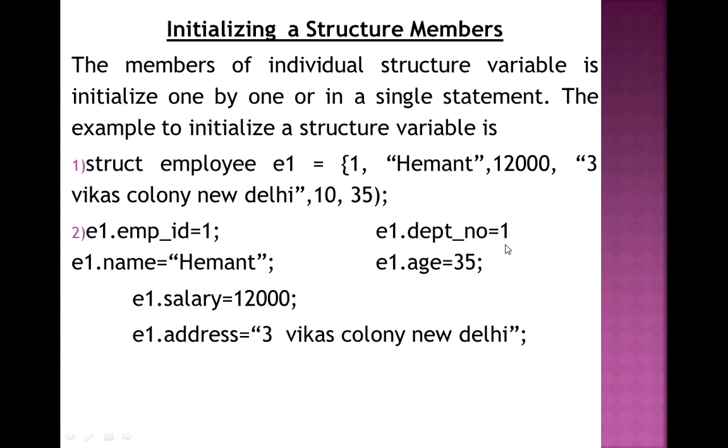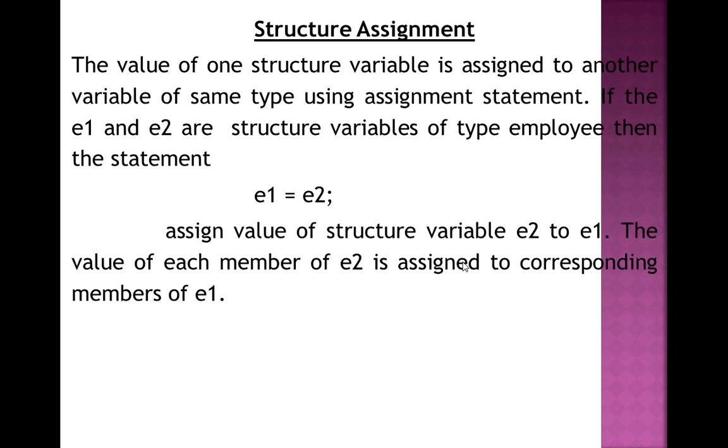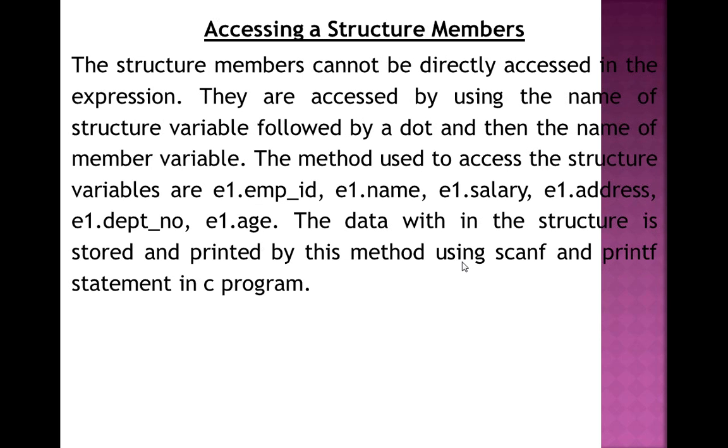E1.department number equals 1. This is not 1, this is 10. E1.age equals 35. This is a misprint, this is 10 because the employee ID is 1 but the department number is 10. So here 0 comes, that is 10, and the age is 35. This is how we can initialize the structure elements. Now how to access the structure elements?